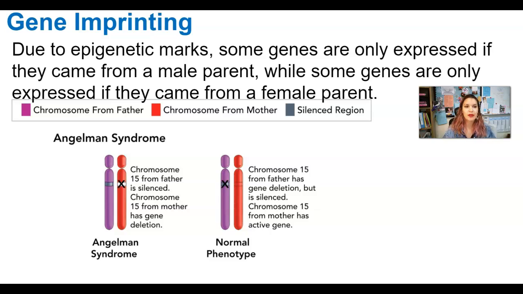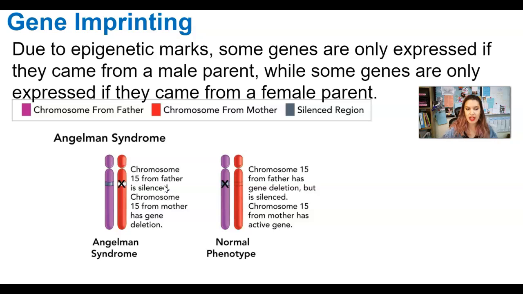Okay, so gene imprinting. Due to epigenetic marks, some genes are only expressed if they came from a male parent, while some genes are only expressed if they came from a female parent. So this is showing you Angelman syndrome. So Angelman syndrome, the chromosome 15 from the father is silenced, and the chromosome 15 from mother has a gene deletion.